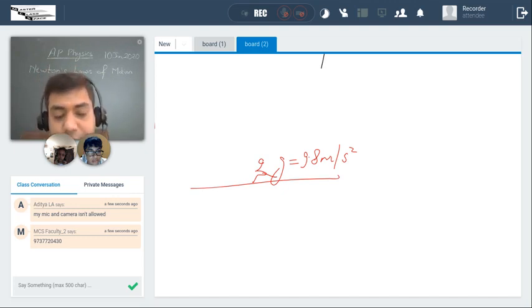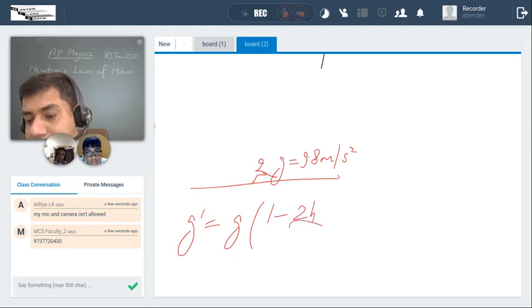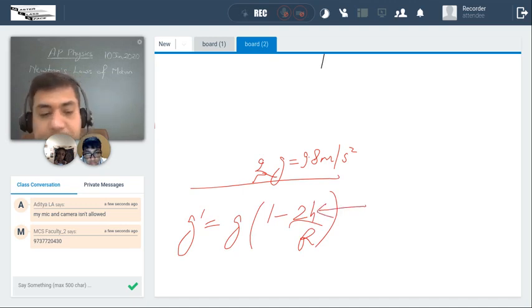Because as you go away from the surface, this G value keeps on decreasing. There is a formula for that also. I tell you how it decreases. G dash equal to G into 1 minus 2h by R. Height, h is the height from the surface. Got it? We will study all these things in gravitation.